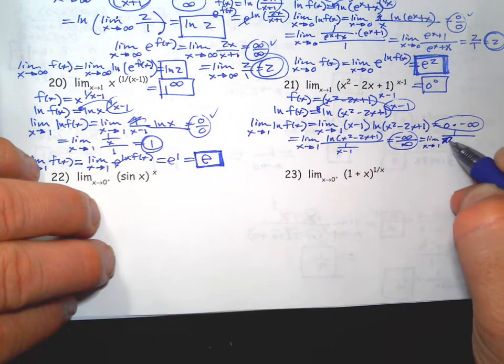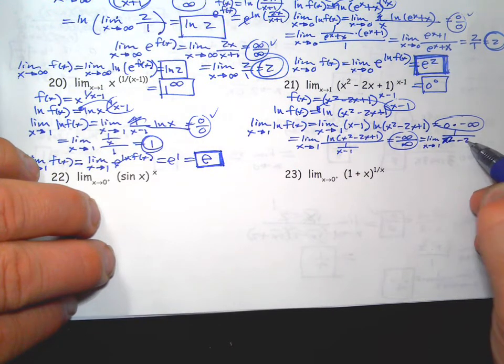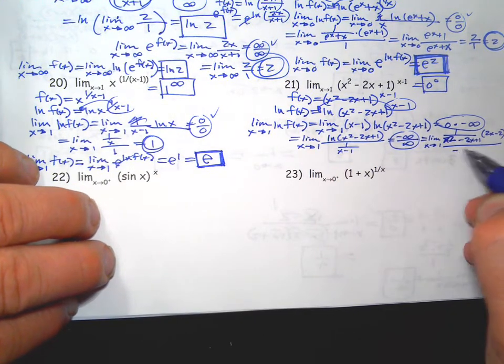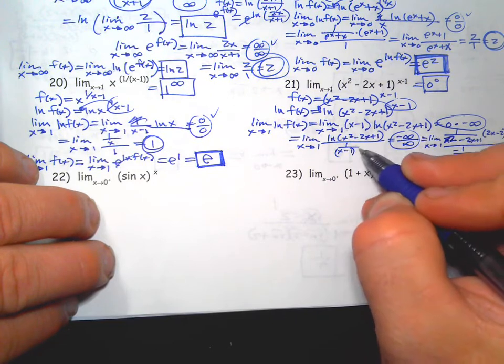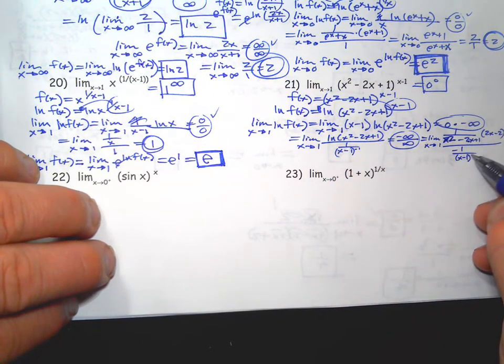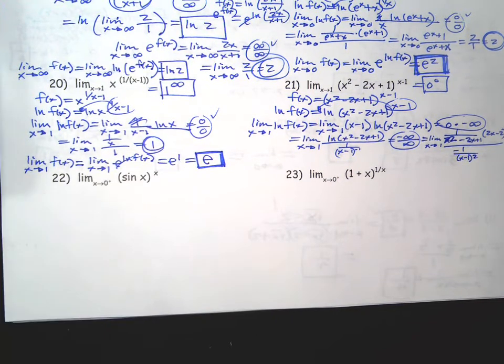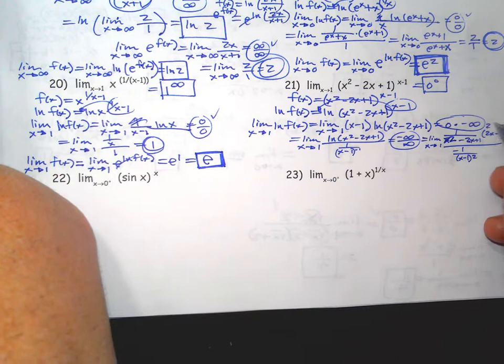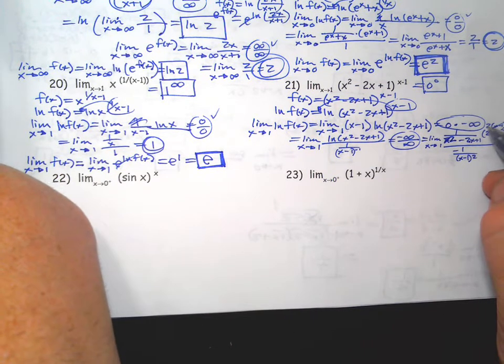One over x squared minus 2x plus 1 times the derivative of what's inside, 2x minus 2. This is going to be negative 1 over, it's like there's a negative 1 on that, so x minus 1 squared. Now, we could try and clean this up a little bit, no, that doesn't work.